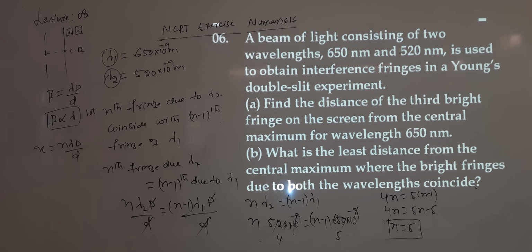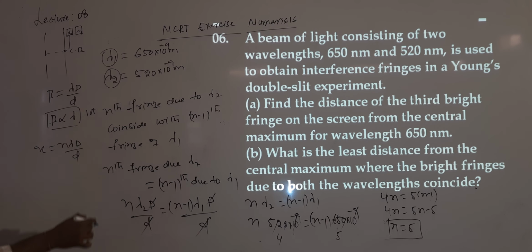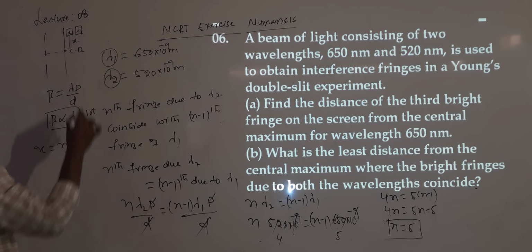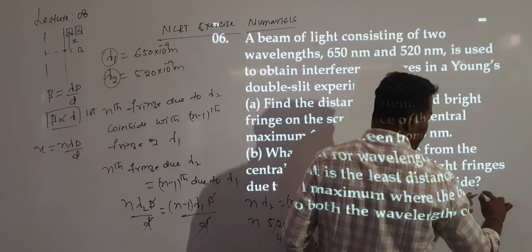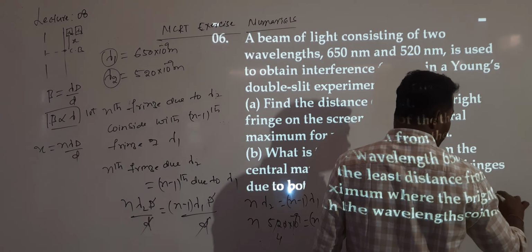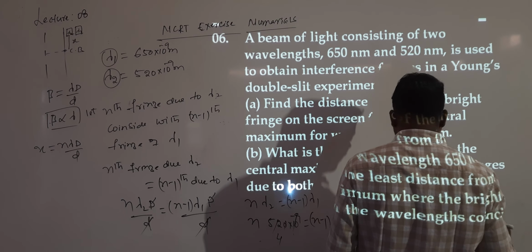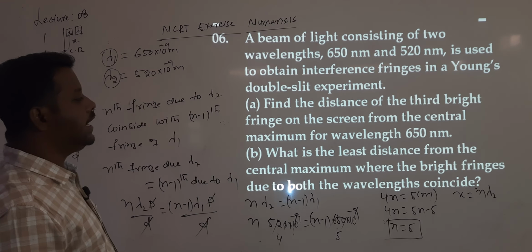Now I want to calculate this distance. It can be calculated either considering lambda 2 or lambda 1. Call the distance x. So x equals n into lambda 2. If I consider n, I should take lambda 2. When I take lambda 1, I should take n minus 1.